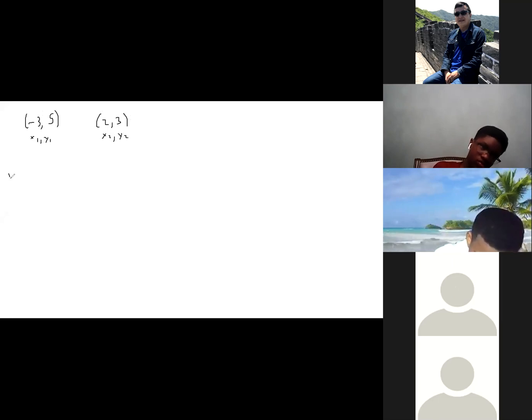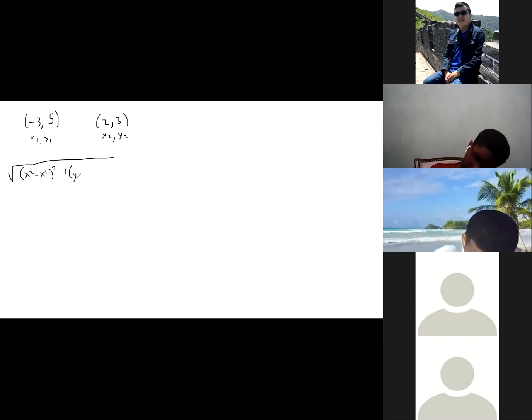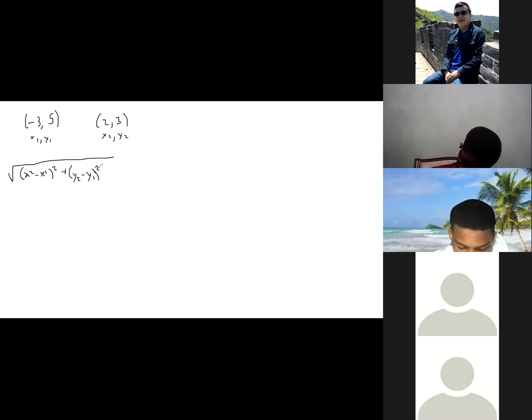So the distance formula says that the square root of x2 minus x1 squared plus y2 minus y1 squared is the distance.